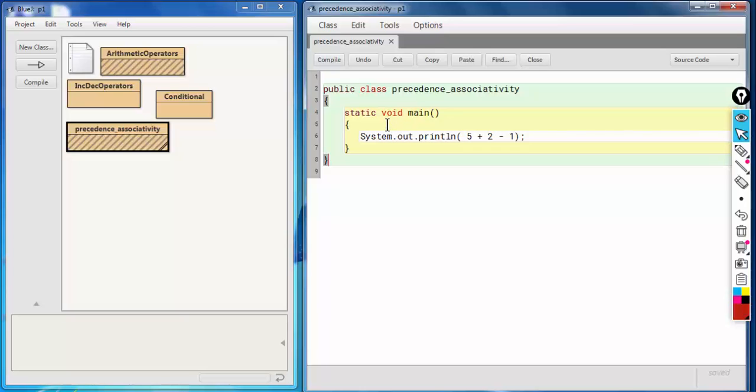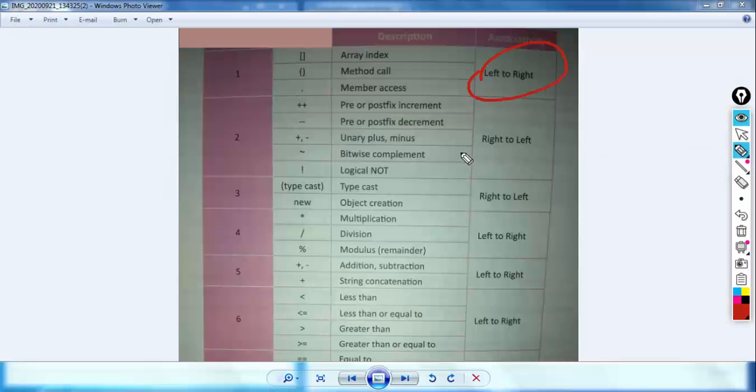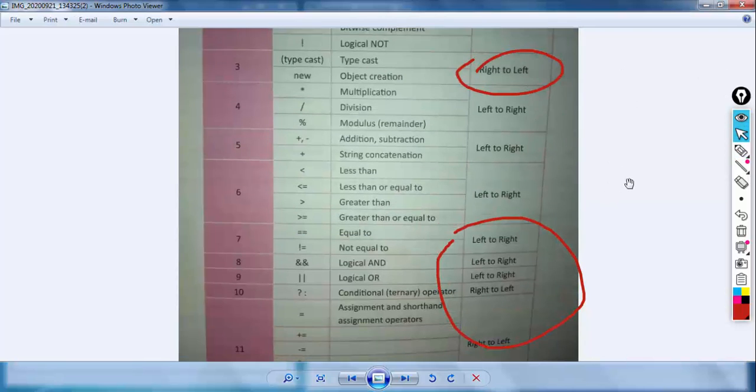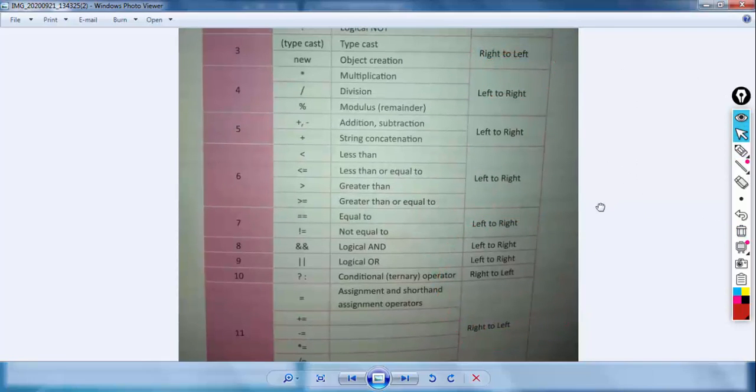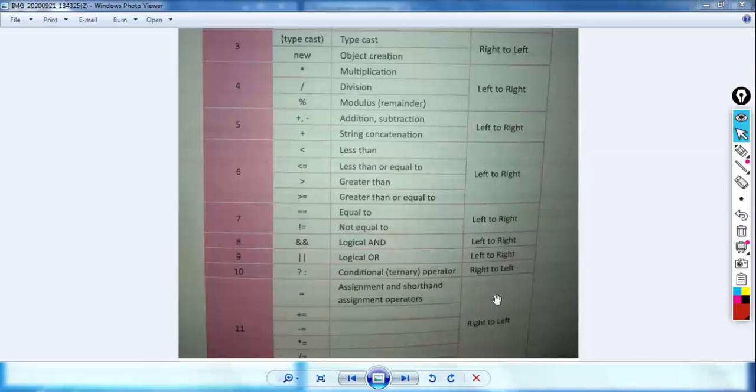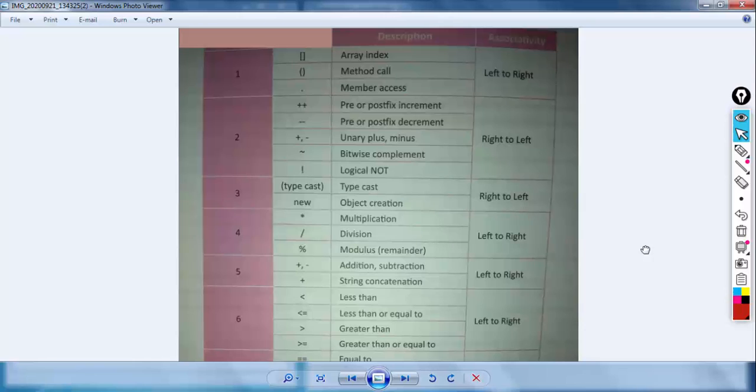Now we have seen left to right associativity, but let me show you an example of right to left associativity. The majority of operators have left to right associativity, and only a few operators have right to left associativity.